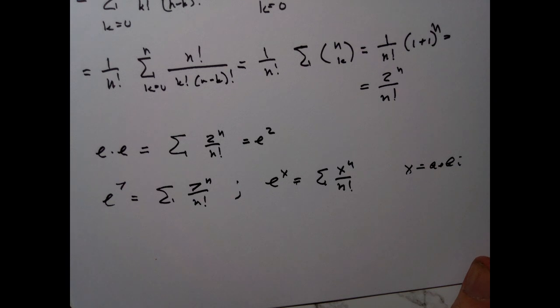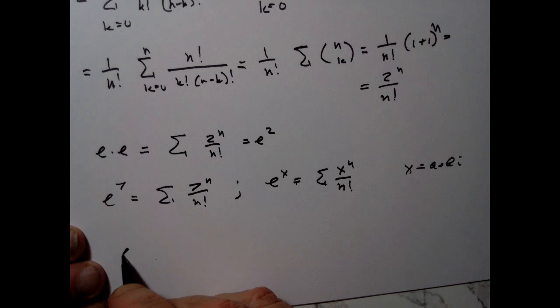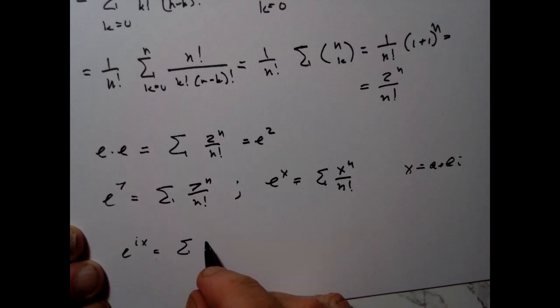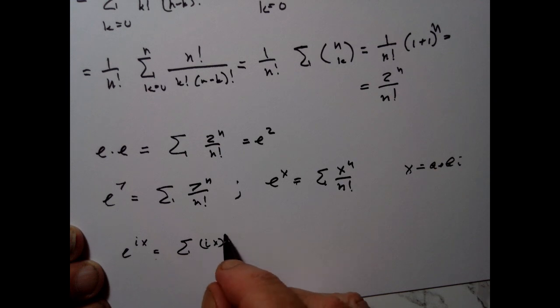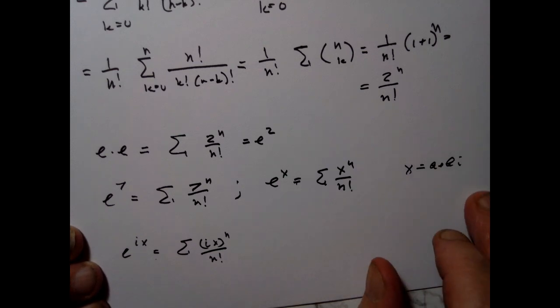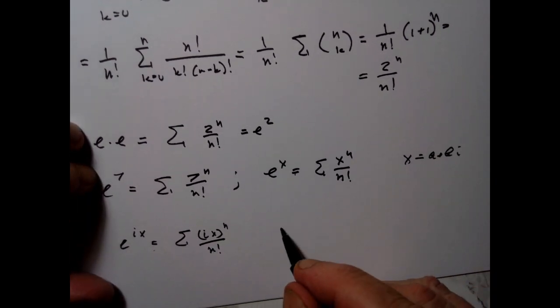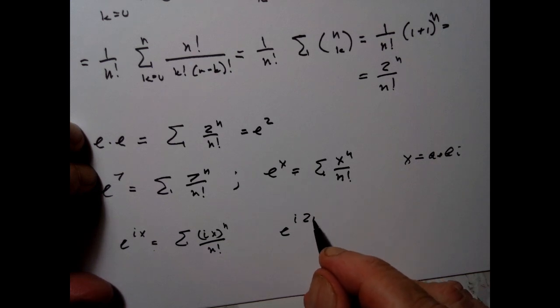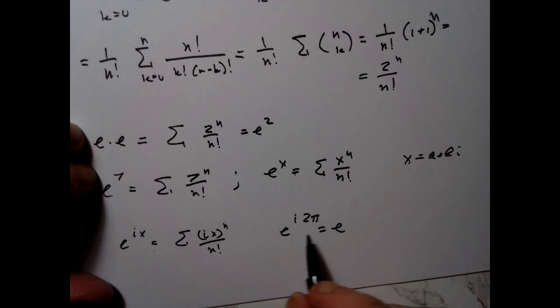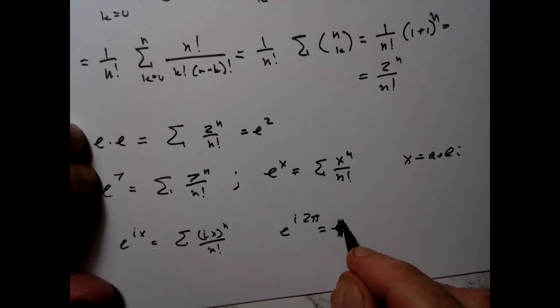So what Euler did using this particular formula is define e to the power ix as being the sum of ix to the power n divided by n factorial, and I will leave it up to you to use this formula to prove that e to the 2 pi i is actually equal to 1.